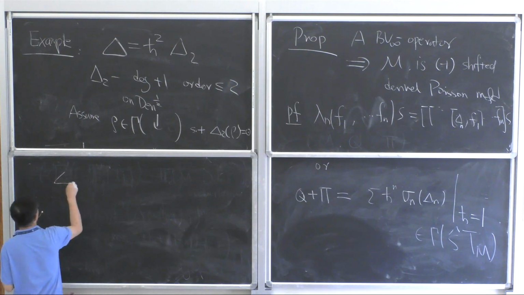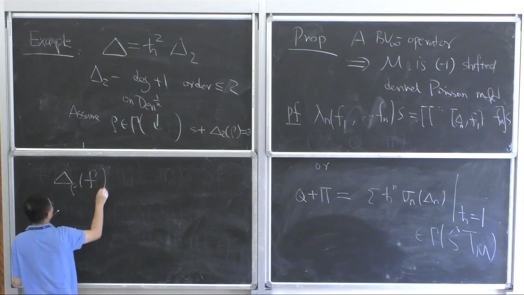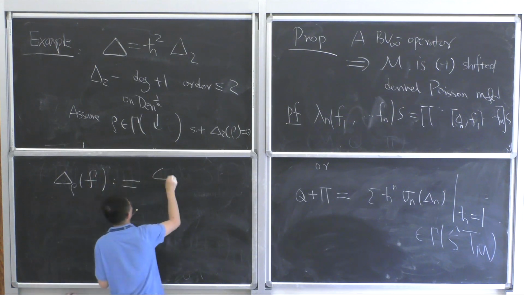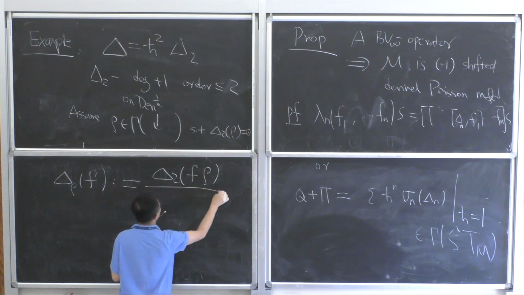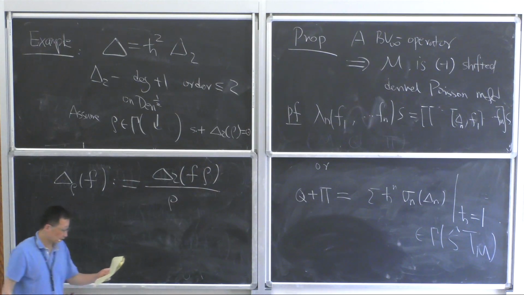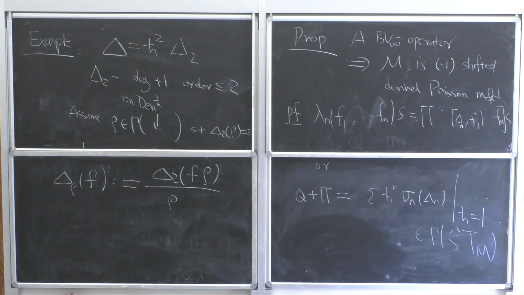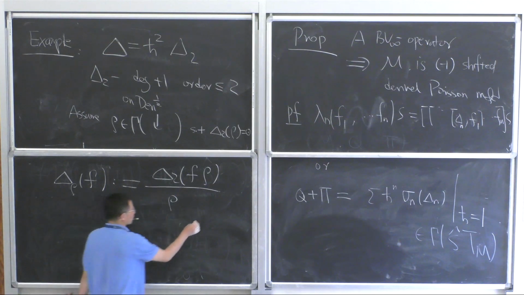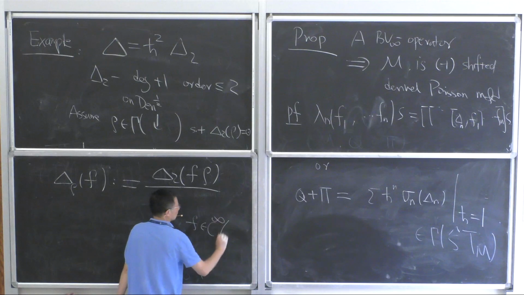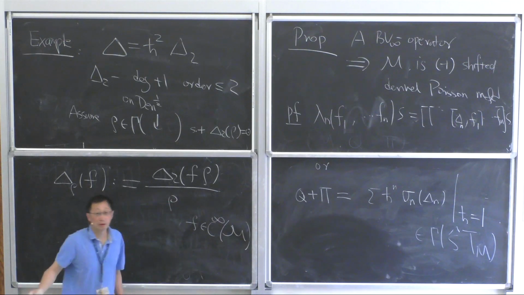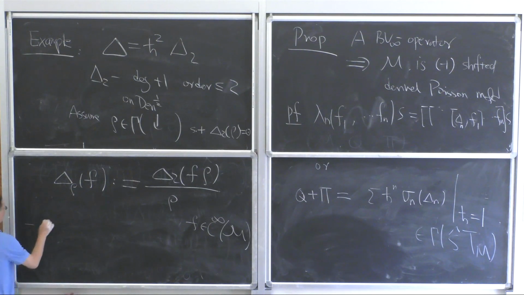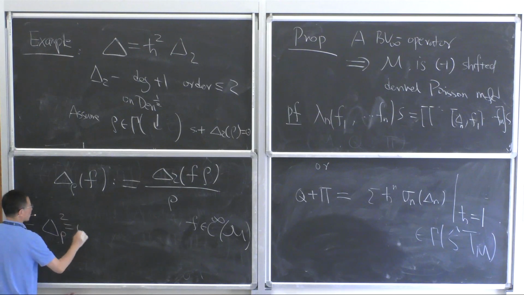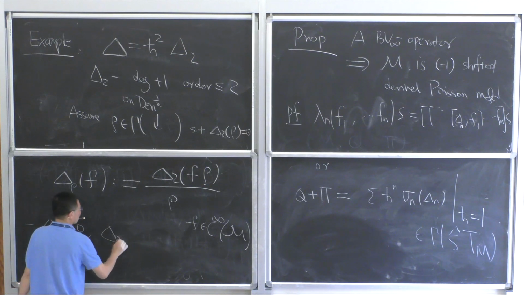So instead of acting on the half density, you act on the functions. And now you can easily see this operator squares to 0, and this is degree 1.